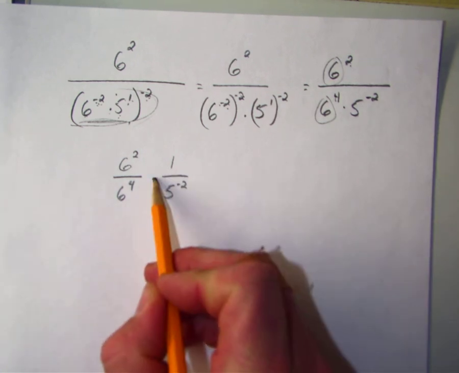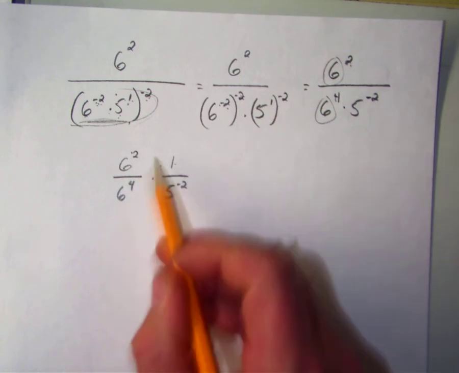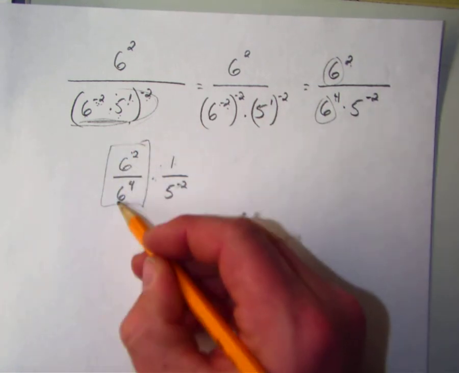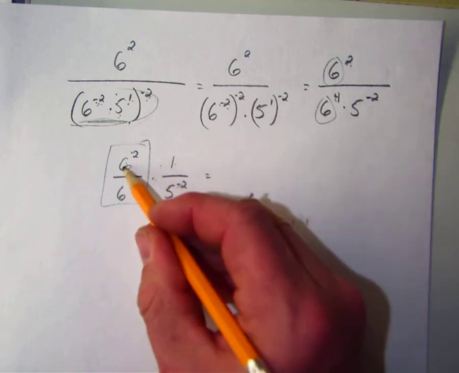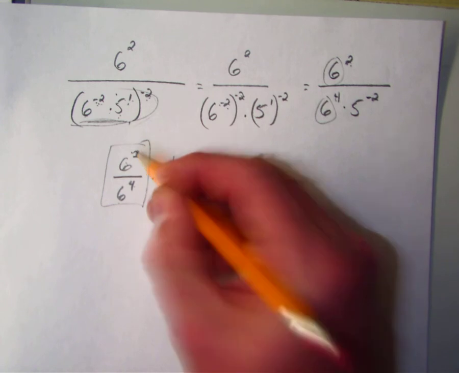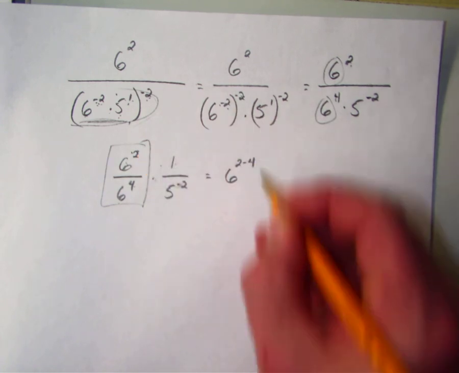The reason I did this is 6 squared times 1 is just 6 squared. I put it apart so we can focus just on the ones that have the same base. So the bases are the same, so I keep the base. Now I take the numerator minus the denominator.